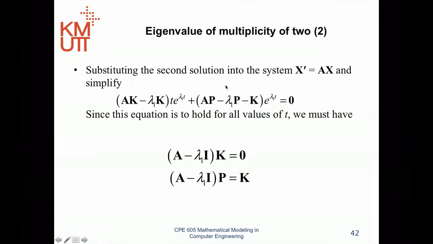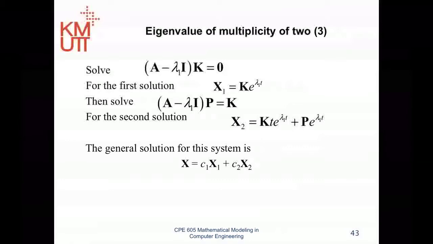For this equation to hold, this part must equal 0, and this part must also equal 0. So we have two equations: (A minus lambda 1 I) k equals 0, just like in the previous case, and (A minus lambda 1 I) p equals k. So we need to first determine k and determine p later to determine the second solution.